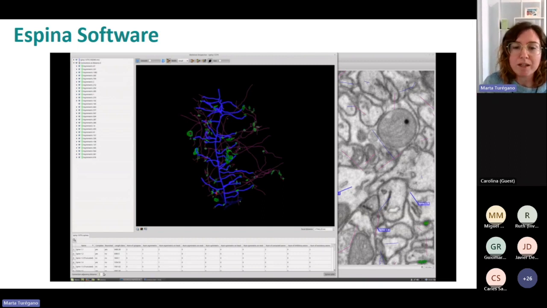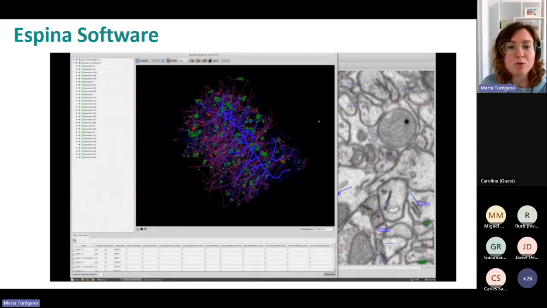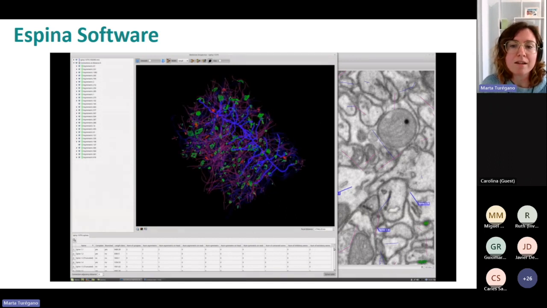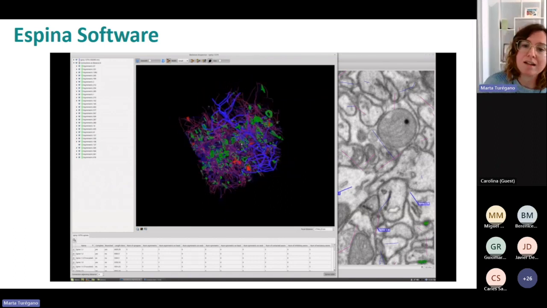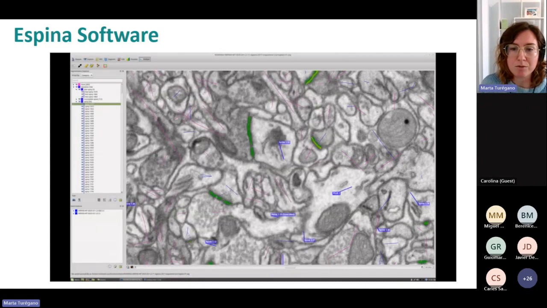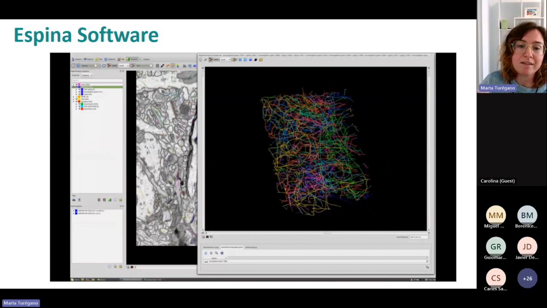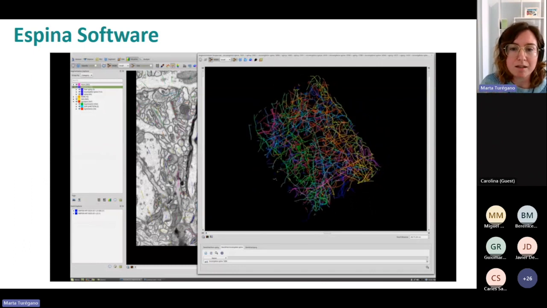So in pink, you can see the axons, and then we can go through the connectome of the sample. This is a very useful tool to see where the MVBs are localized, if they are in dendrites, axons, or non-synaptic elements.